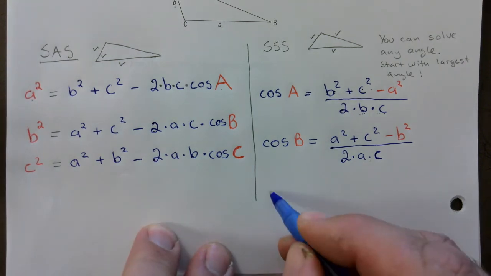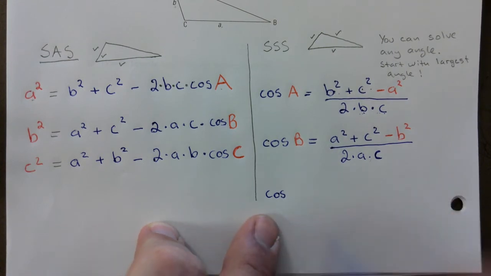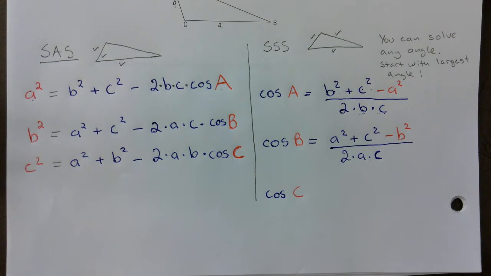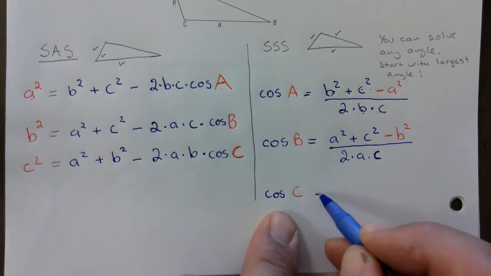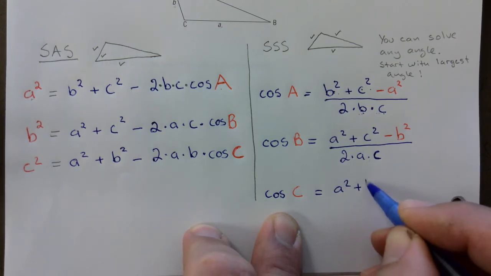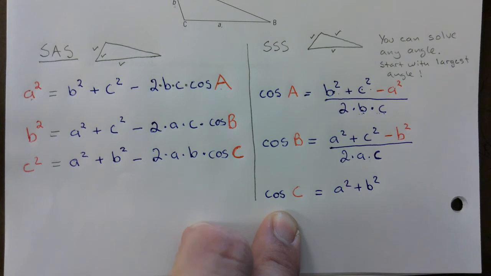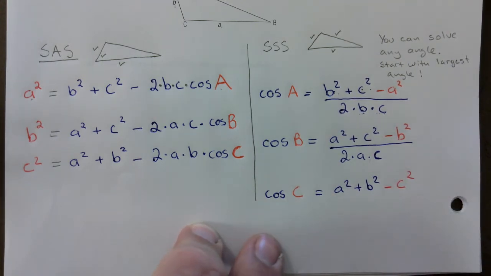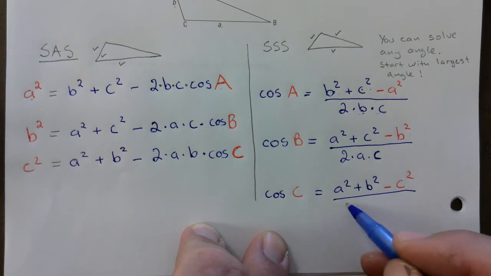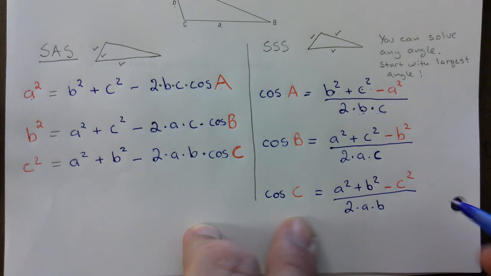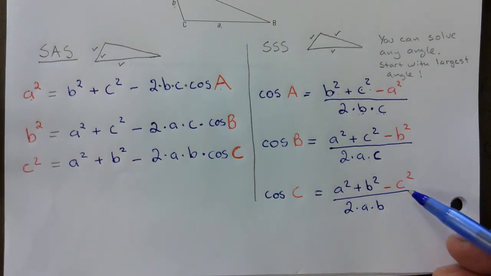And the last version, if you wanted to solve for the last angle, and we're using ABC, it will change later on, so just focus on the pattern. Cosine of C is going to be A squared plus B squared, you guessed it, minus C squared over 2 times side A times side B. So side C only shows up once.